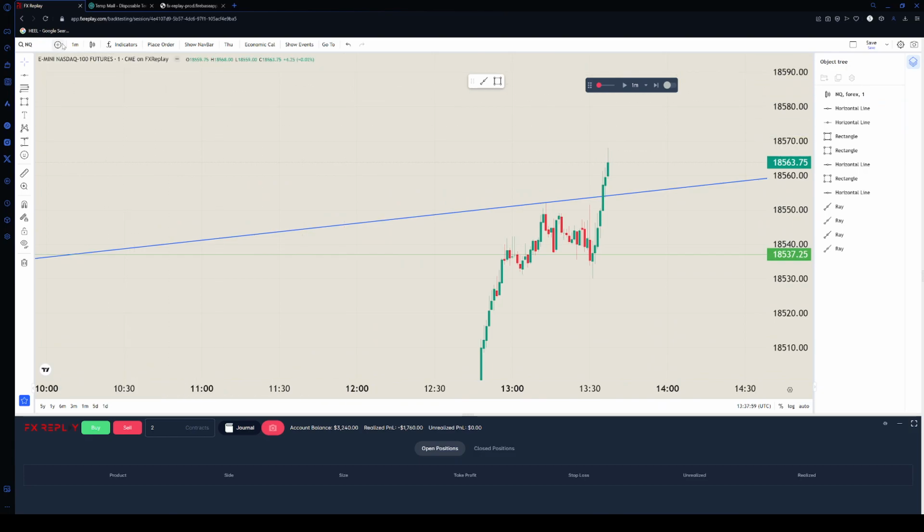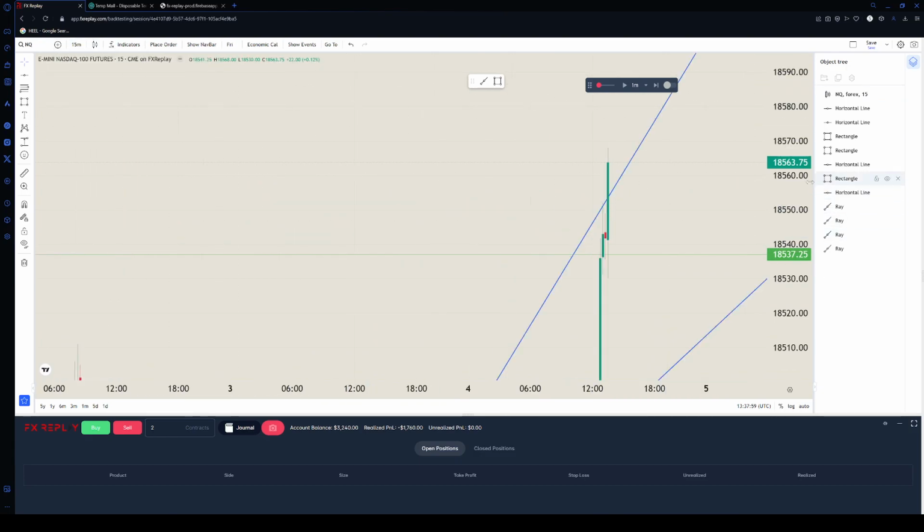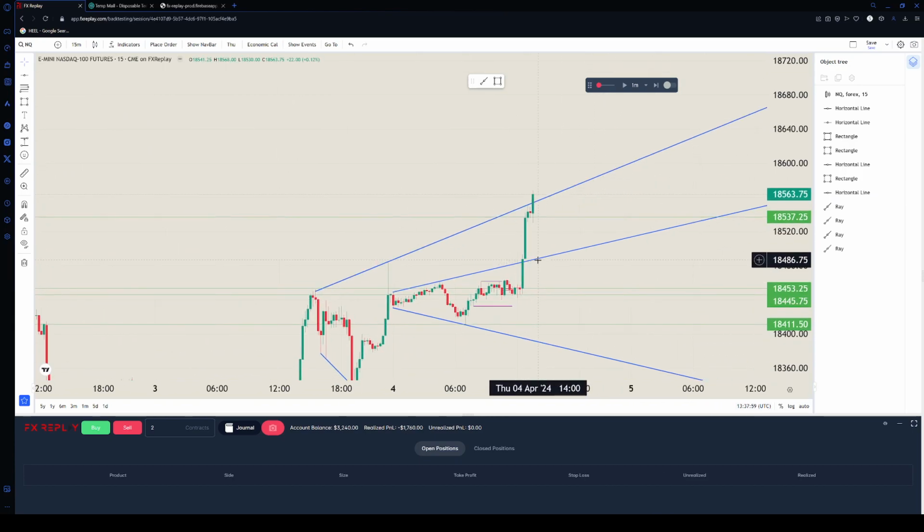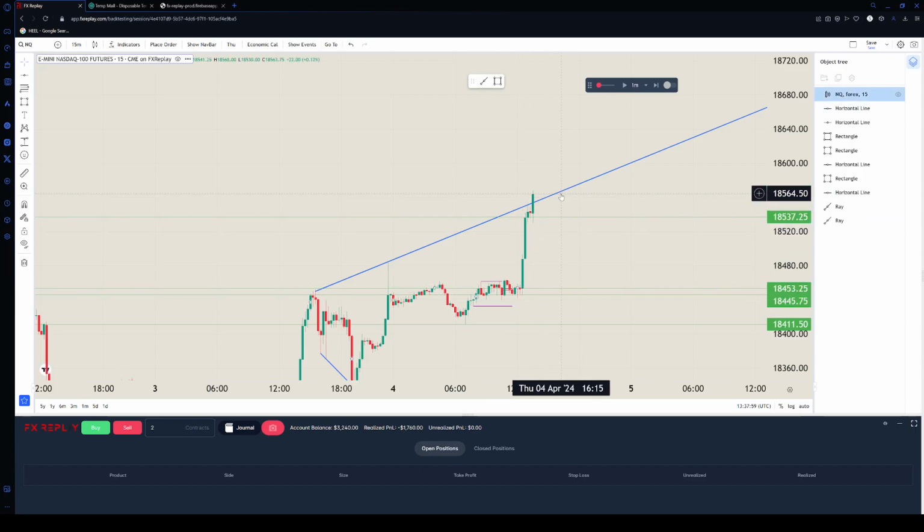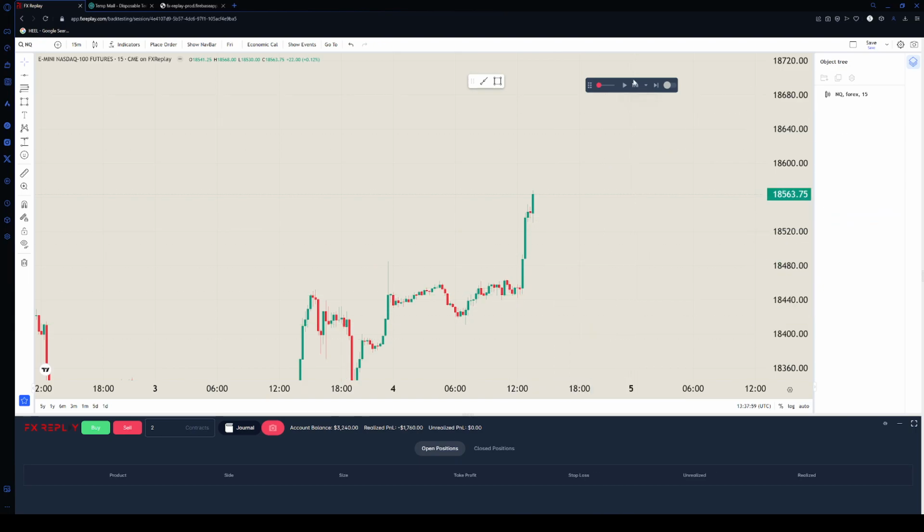Okay, so this was just one of the scenarios where the draw was too bullish and just started expanding up, and ran through everything. I don't think there's anything else we can do in that day.